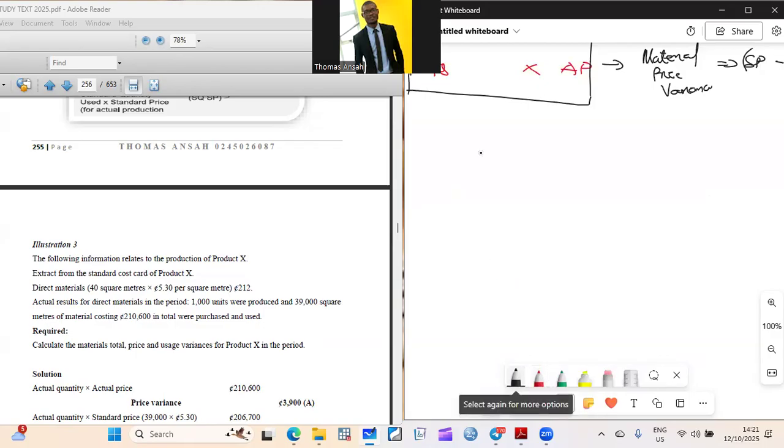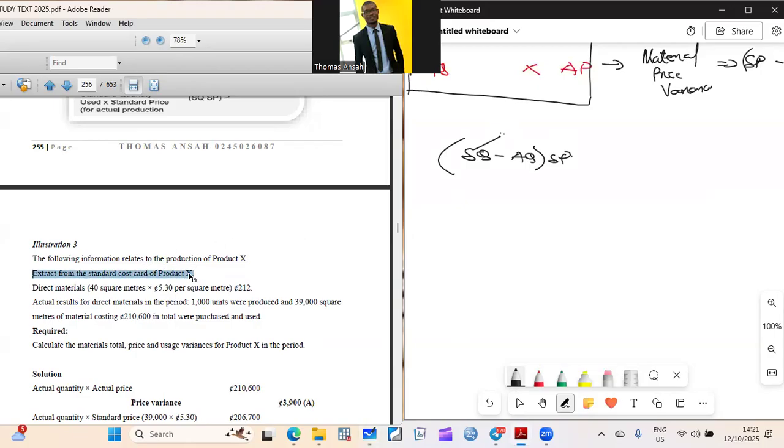All right. So obviously, the formula is there. Material usage variance, the formula is (SQ - AQ) × SP. So we flex it for the actual production. What is the standard quantity?